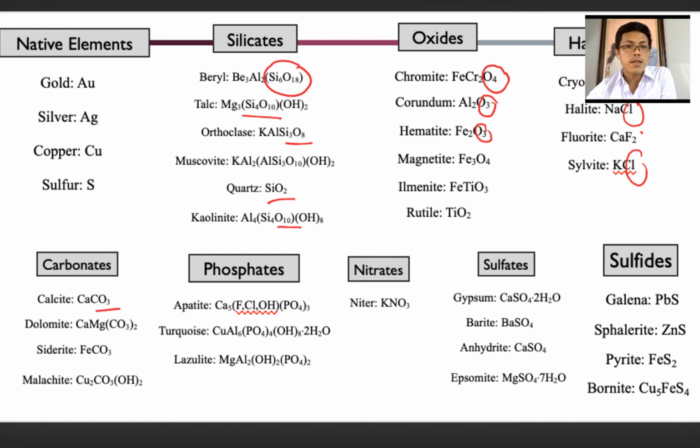Phosphates, which were not mentioned earlier, also form a mineral group, with PO4. Then nitrates, NO3; sulfates, SO4; and sulfides, with sulfur anions. Those are the different mineral groups.